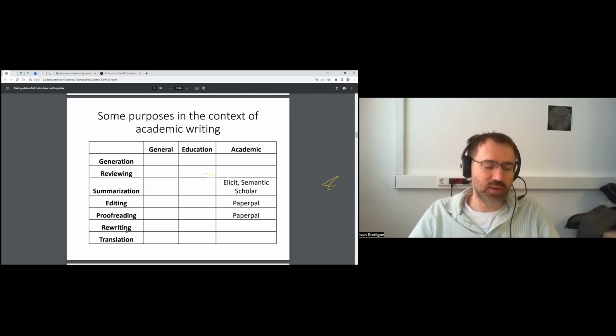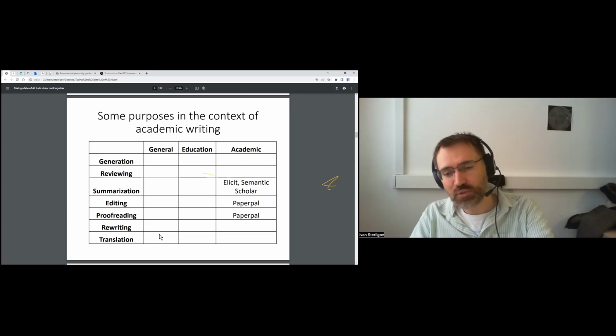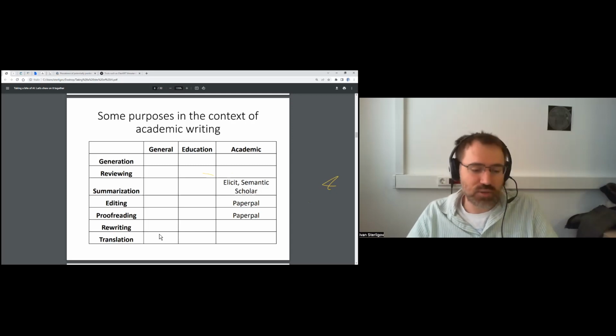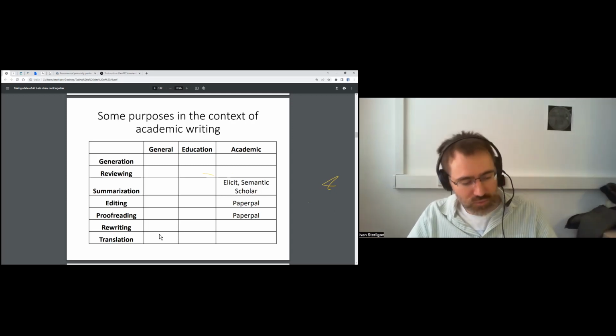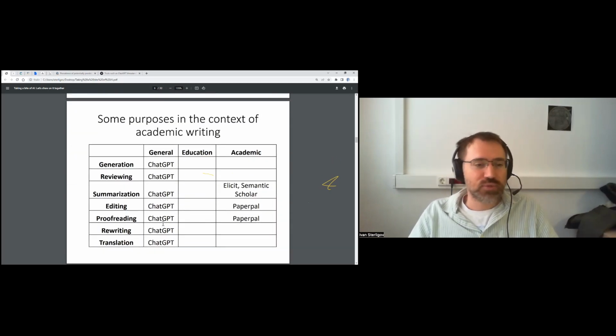And then we can use these tools for academic translation. Today we won't talk about DeepL or some other advanced tools for translation, but we have to mention that general chatbots, and ChatGPT for example, are highly capable of translation as well.